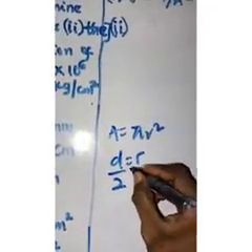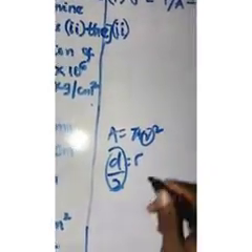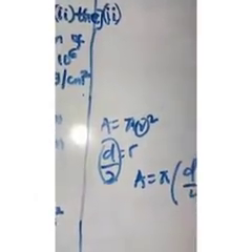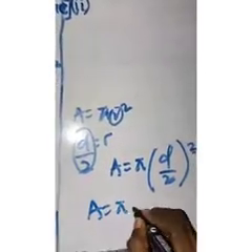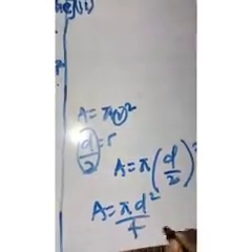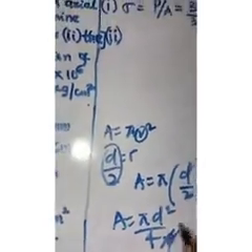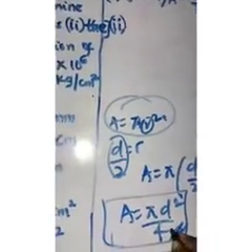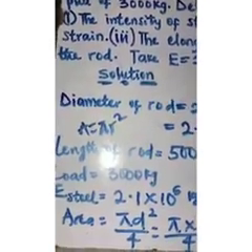So I can substitute inside this, and I'll have area is equal to pi open brackets d over 2 all square. Okay, and I'm going to have area is equal to pi d square over 4. So this is applicable for your diameter usage, or if you want to use your radius, you make use of the other one. But this is very fast when it comes to theoretical questions. So now back here, you're going to have your area as pi d square over 4.